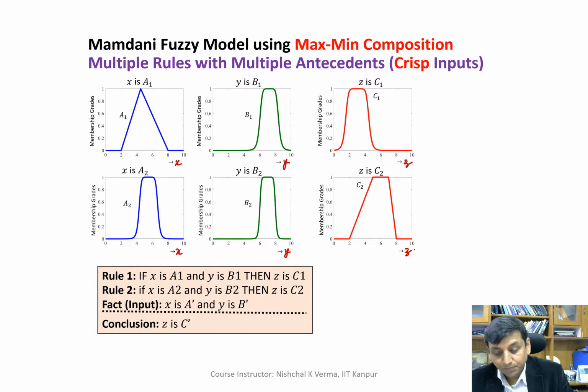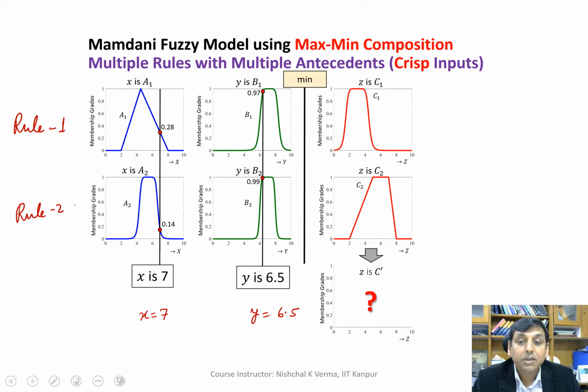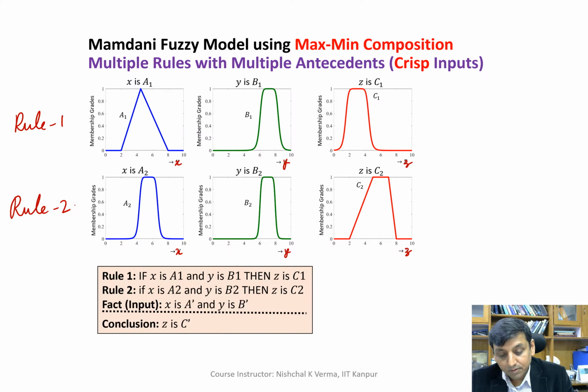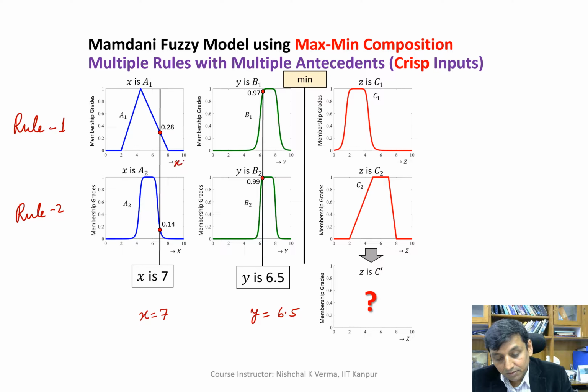So this is rule number 1, rule number 2, and we see that we have two antecedents here. Both the antecedents are connected by AND. Here also we have small x, small y, small z.